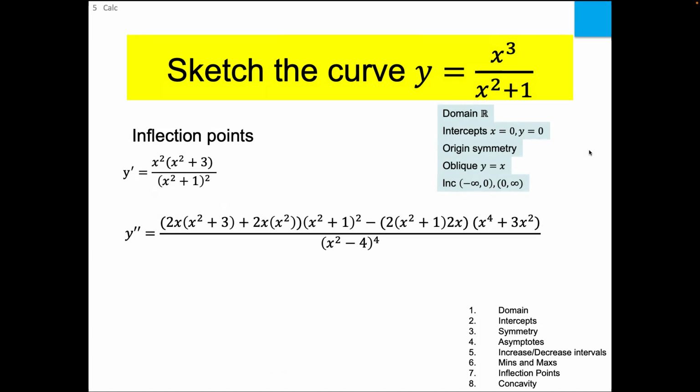Oh dear Lord, look at how long that is. All right, what are we going to do? I got an x squared minus 4. I got this whole thing. Nope, I don't have an x squared, so I can't cancel. Nothing to cancel. So the only thing I can do is simplify it, right?